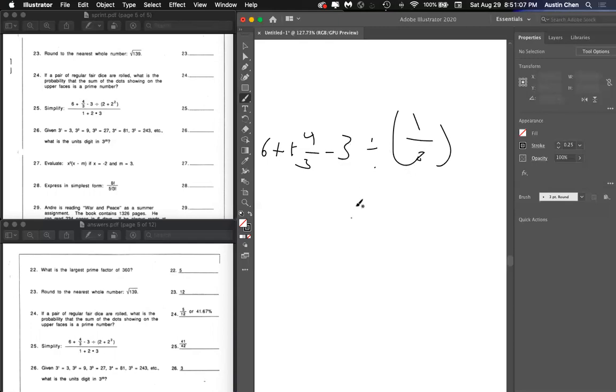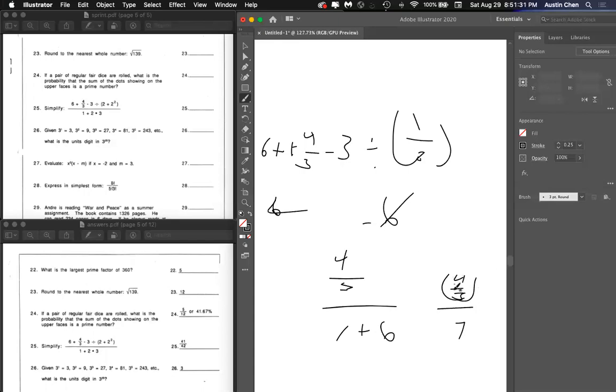Dividing by 1/2 is multiplying by 2. So you have -6 and +6 here, so those cancel. So you have 4/3 on the top. 3 times 2 is 6, plus 1 is 7. So then you have 4/3 over 7.